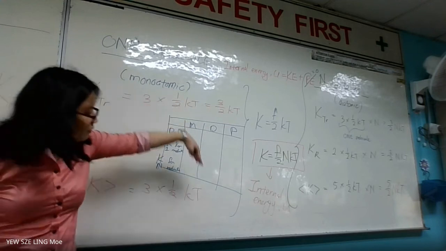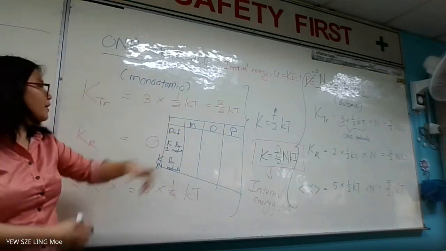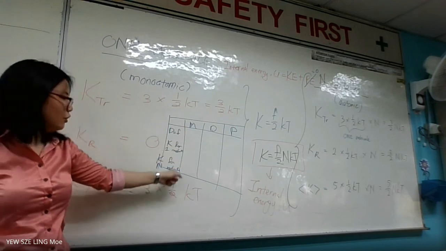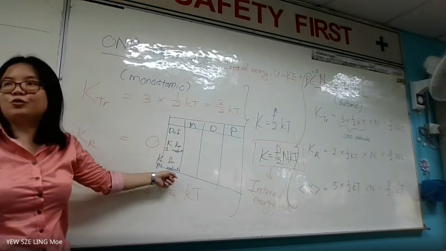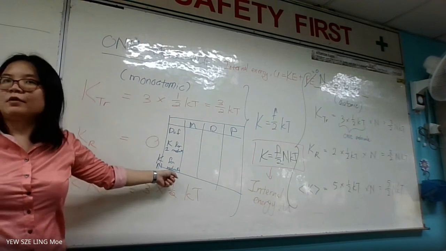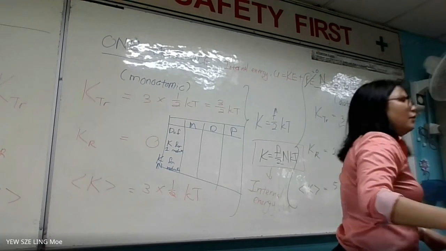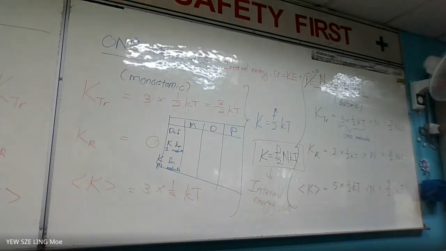So make one long table, starting from degree of freedom, how to calculate kinetic energy for one molecule, and how to calculate kinetic energy for n molecules. Alright, 5 minutes for you to complete it now. Take out paper or use your book to make a simple table to show the difference.